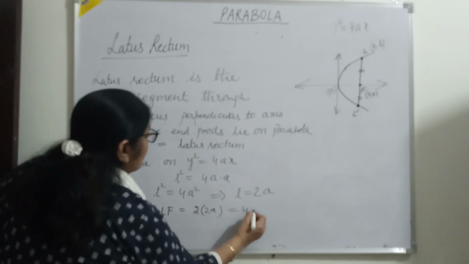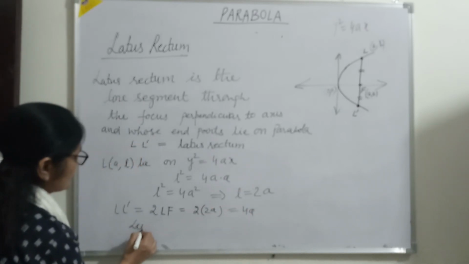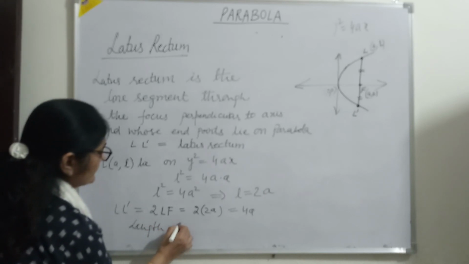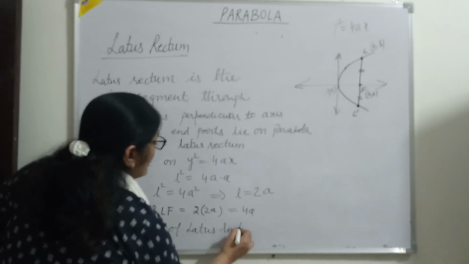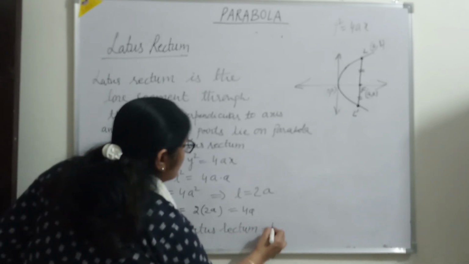So the length of the latus rectum is 4a.